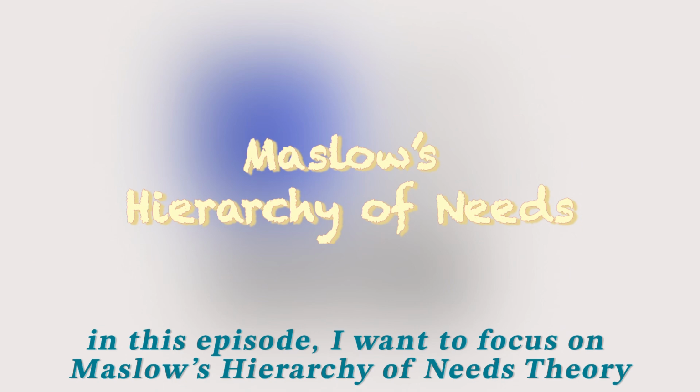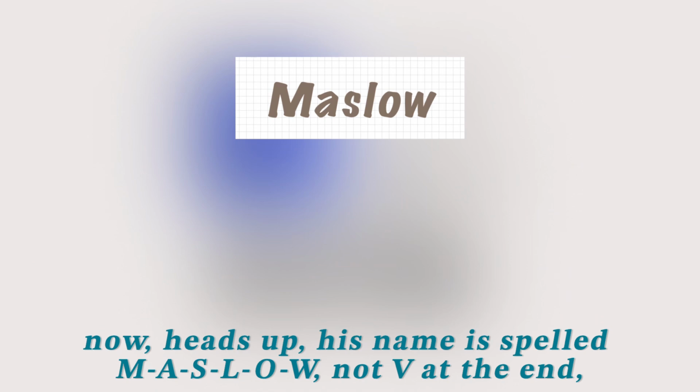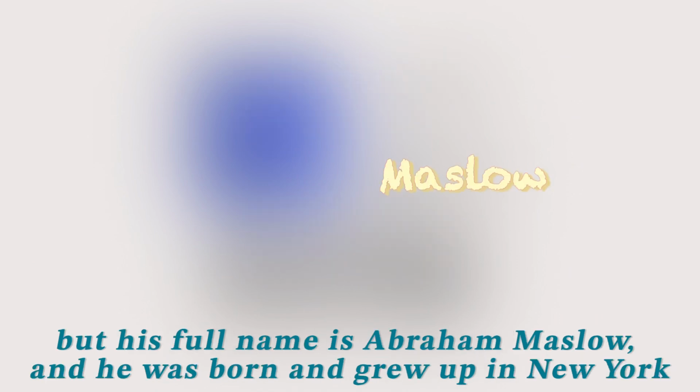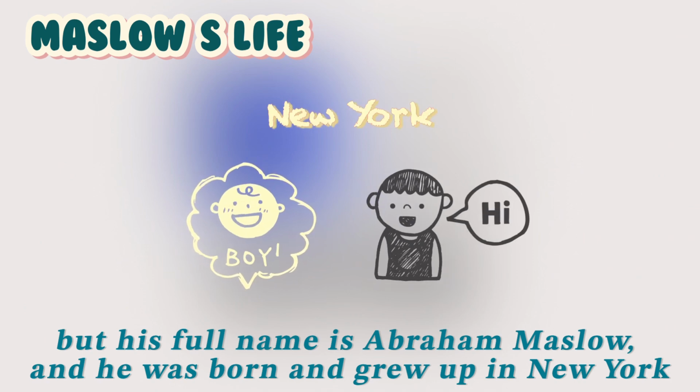In this episode, I want to focus on Maslow's hierarchy of needs theory. First of all, who is Maslow? Now, heads up, his name is spelled M-A-S-L-O-W, not V at the end. But his full name is Abraham Maslow. And he was born and grew up in New York.